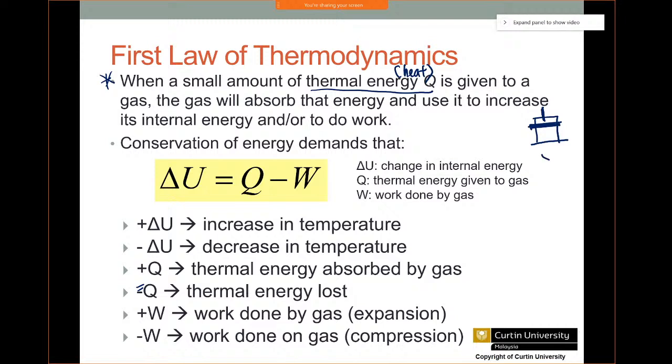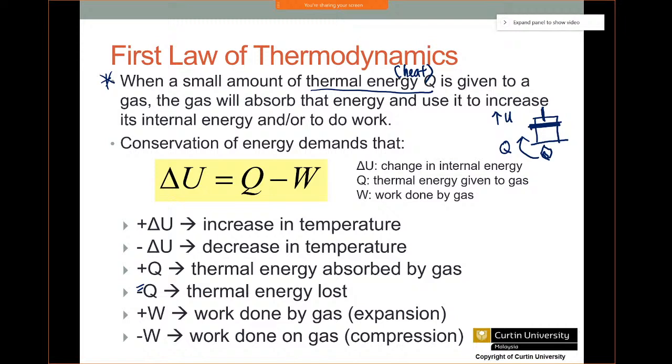When you heat up the gas in the piston, the heat from the fire will be given to the gas. When the gas receives the heat, it will use it to increase the internal energy as well as to do the work.